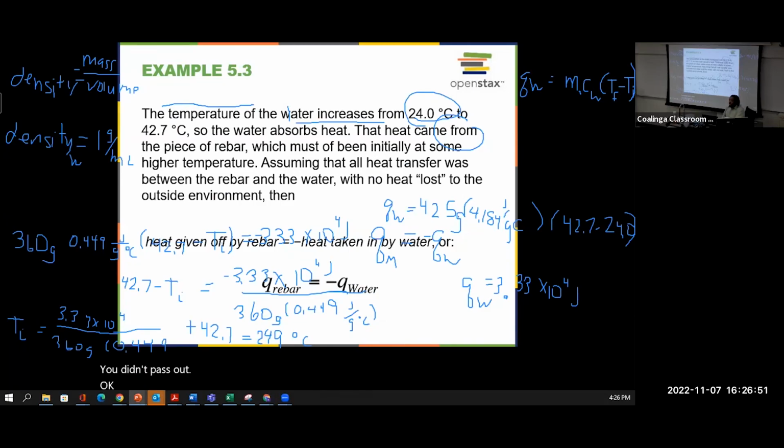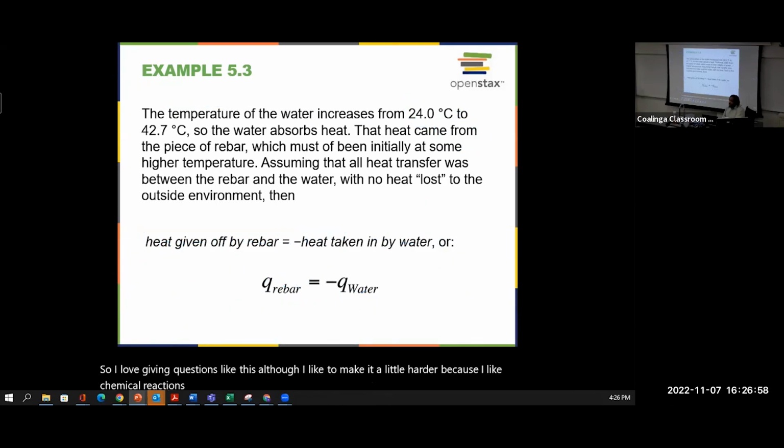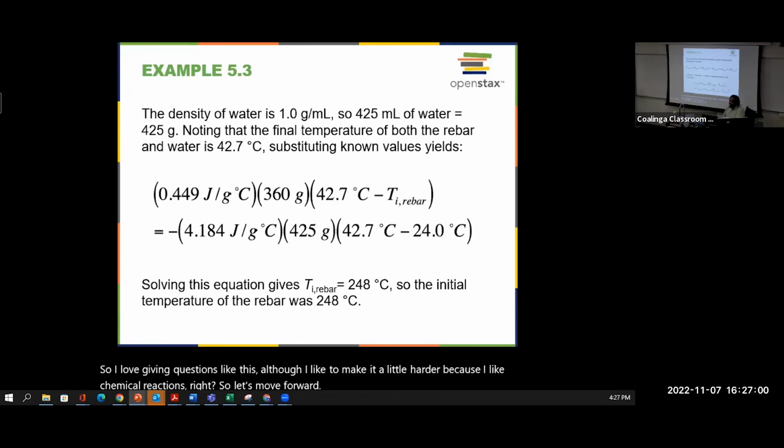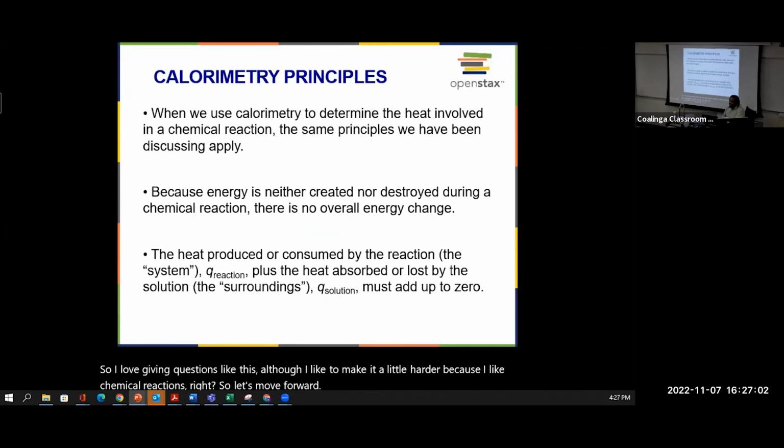So I love giving questions like this, although I like to make it a little harder. Okay, so when we talk about calorimetric principles, this process, what we just did with the metal, can work with reactions as well.